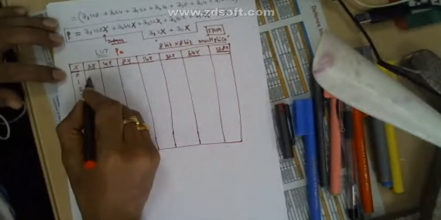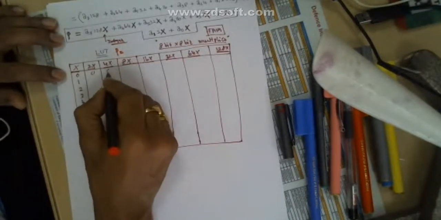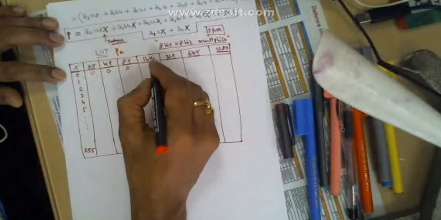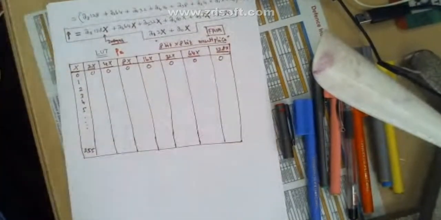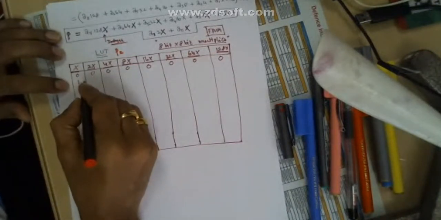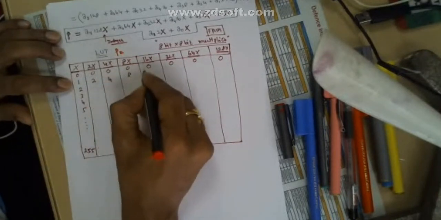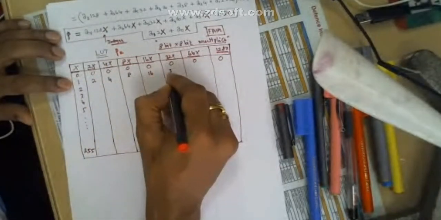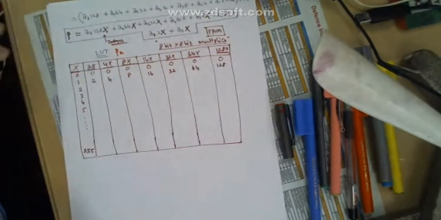Now you take X as 0: then 2X is also 0, 4X is 0, 8X is 0, 16X is 0, 32X is 0, 64X is 0, and 128X is also 0. When you take 1, then your 2X is 2, 4X is 4, 8X is 8, then 16, 32, 64, and 128.